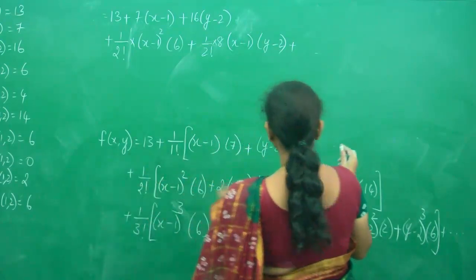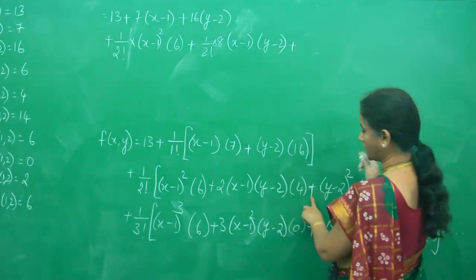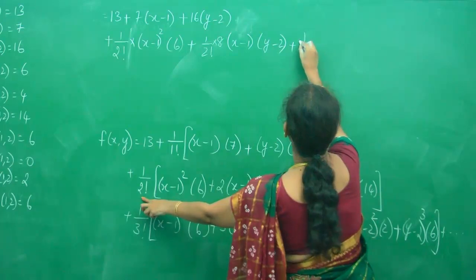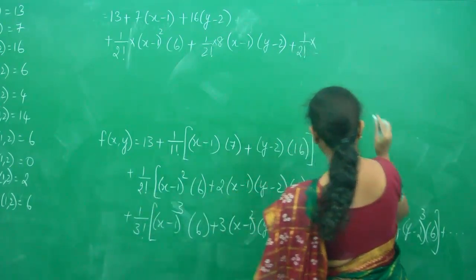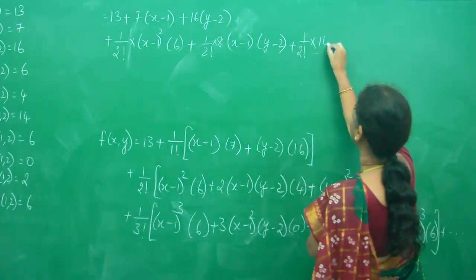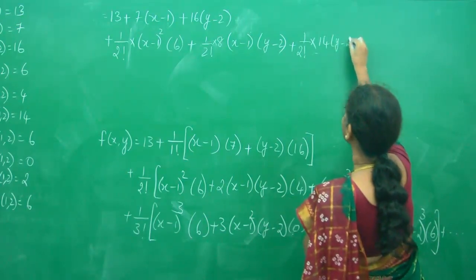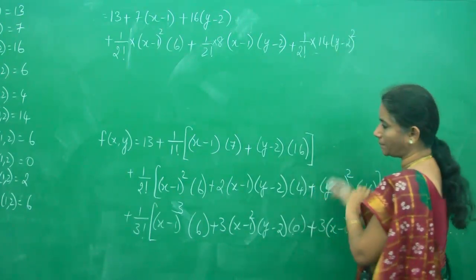Plus, because this is plus into plus, 1 by 2 factorial into 14 into y minus 2 the whole square. So the second line is completed.